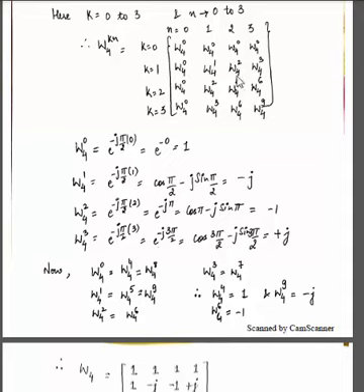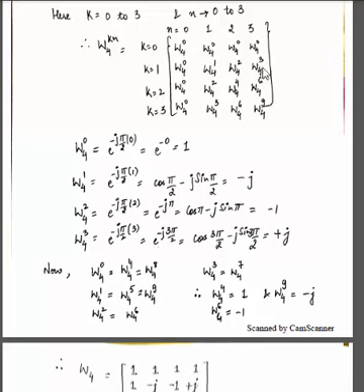Then the value of twiddle factor 2 is e raised to power minus j pi by 2 into 2, that becomes e raised to power minus j pi. So we know cos 180 is minus 1 and sin 180 is 0, so it becomes minus 1. So the twiddle factor 2 value is minus 1.